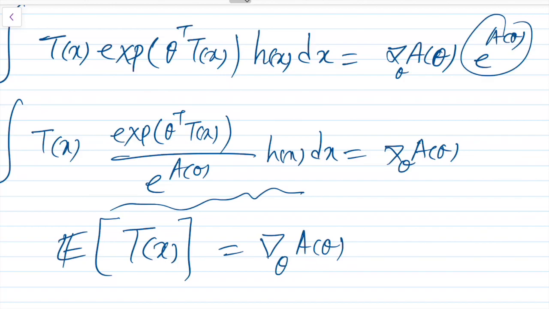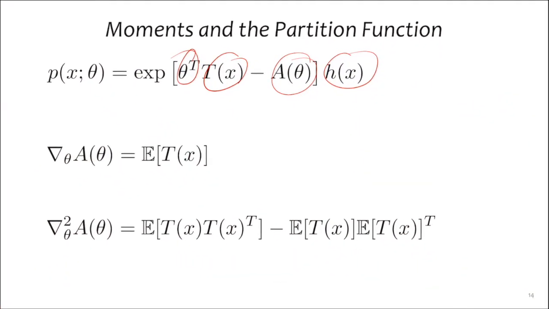I'm not going to work out the other moment, but you can easily show that if you take a second gradient, it becomes the covariance. This is the covariance of the sufficient statistic.